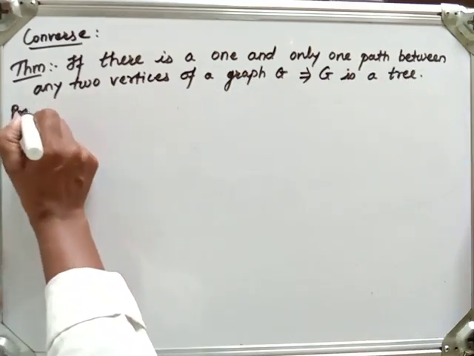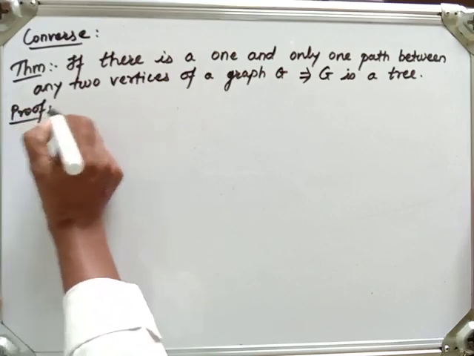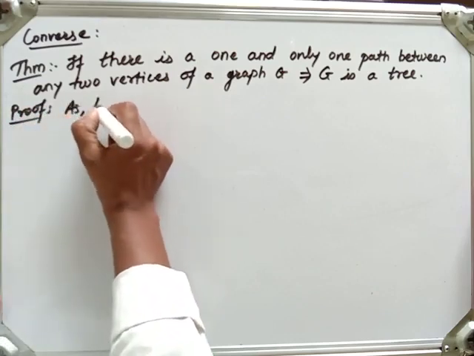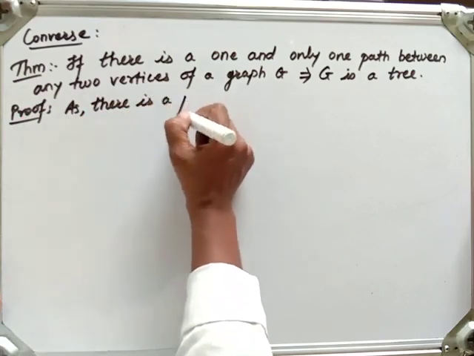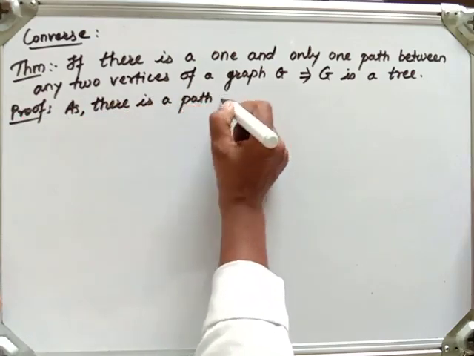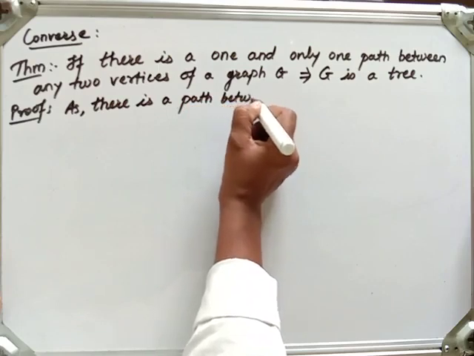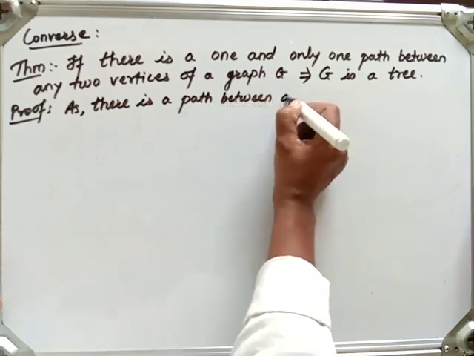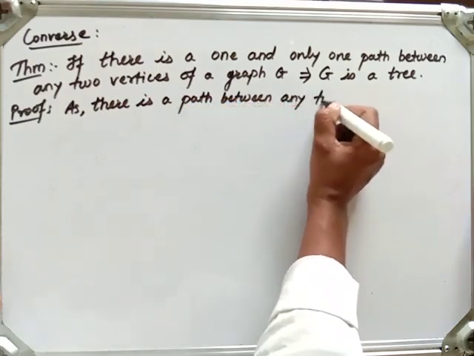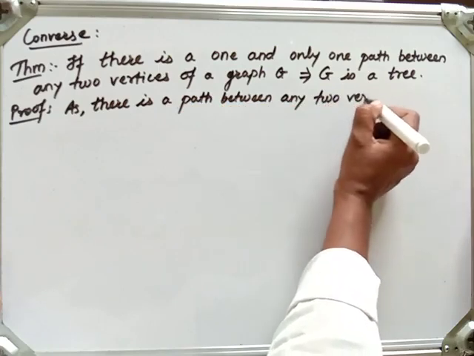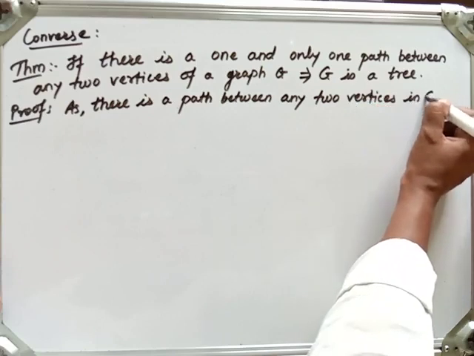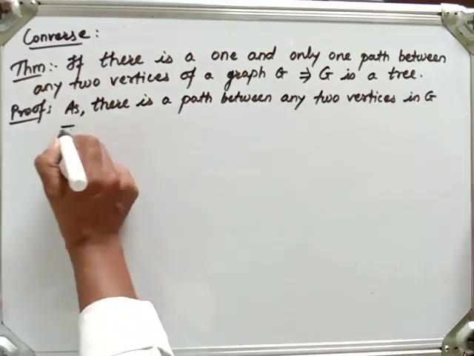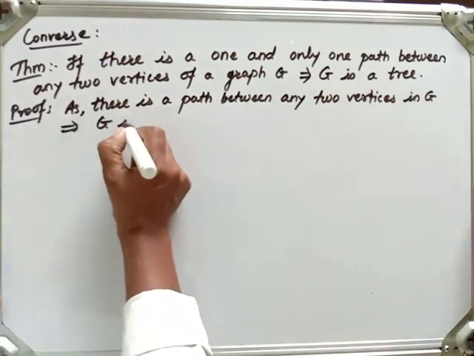So proof: as there is a path between any two vertices in G, that gives G is connected.